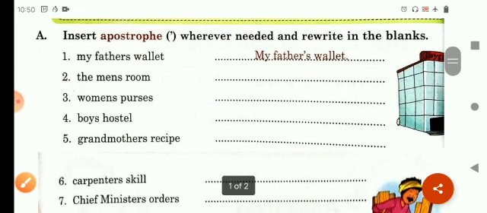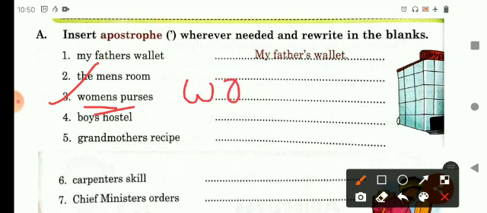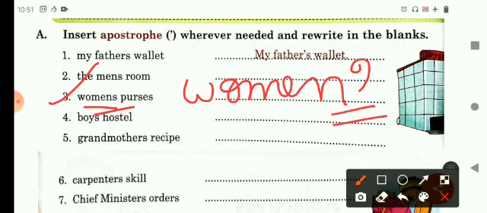Similarly, in your sentence number 3, women's purses. Again, women is a plural word, so you have to add the apostrophe symbol at the end, after the letter s, to denote that the purses belong to women.